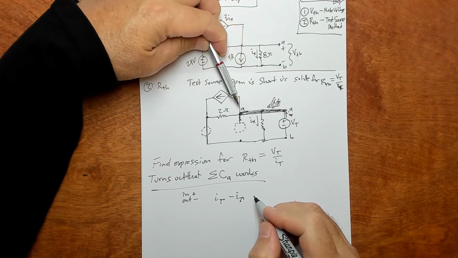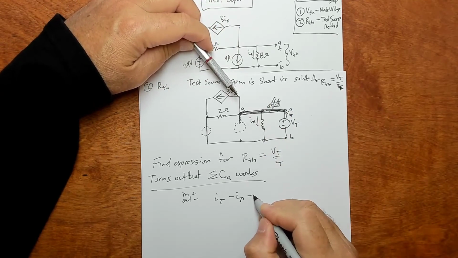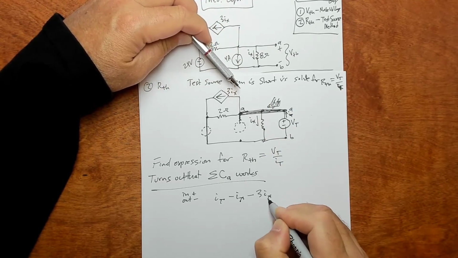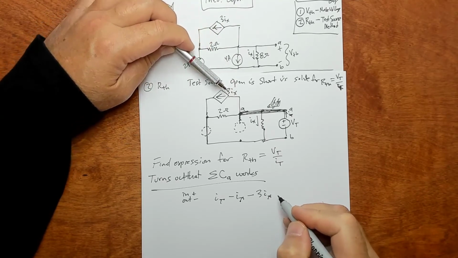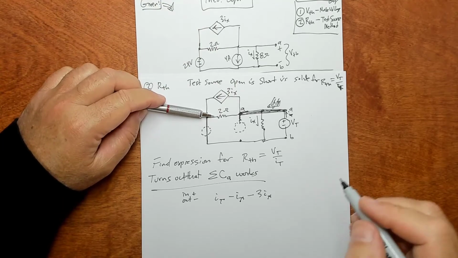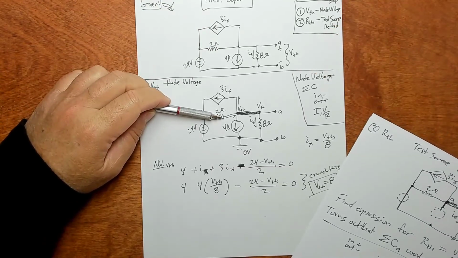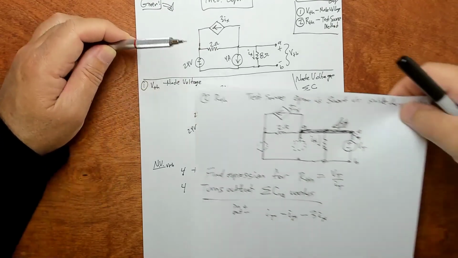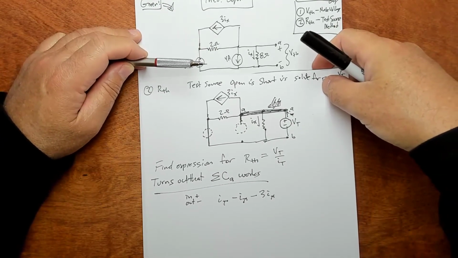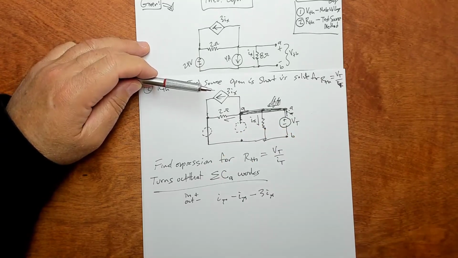I've got 3 I sub x coming out here. And I've got to choose something coming out here. Last time I chose this current direction, but just to show you that it's really a guess, I'm just going to guess this way.